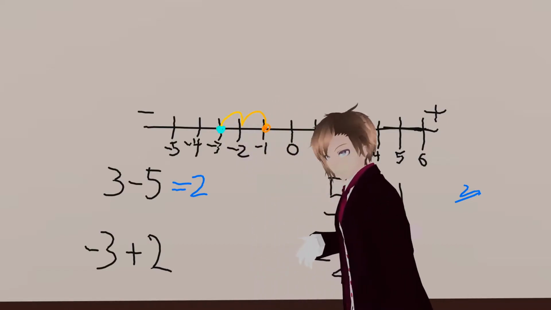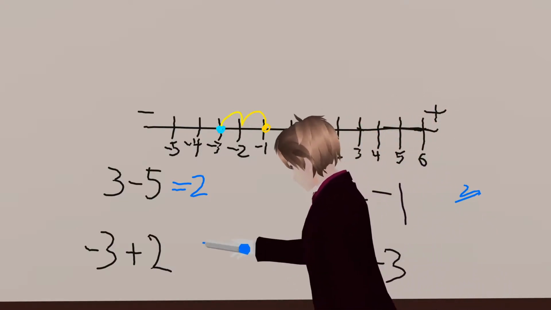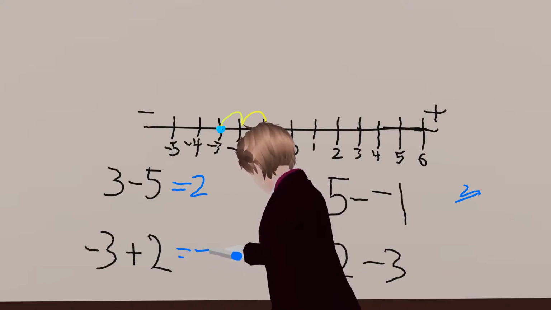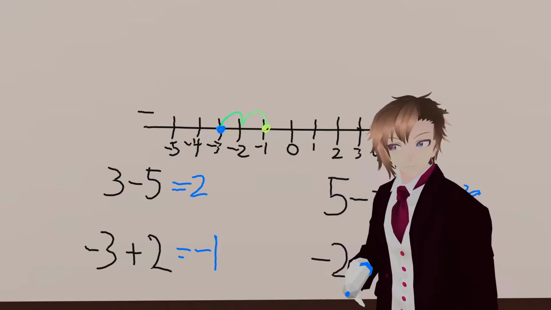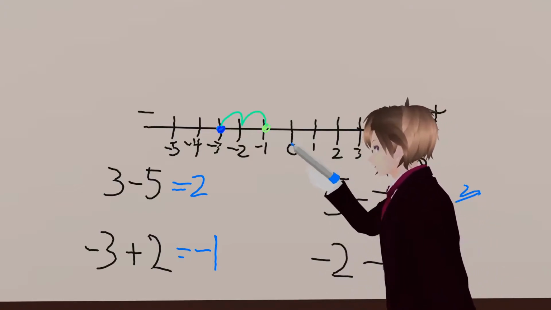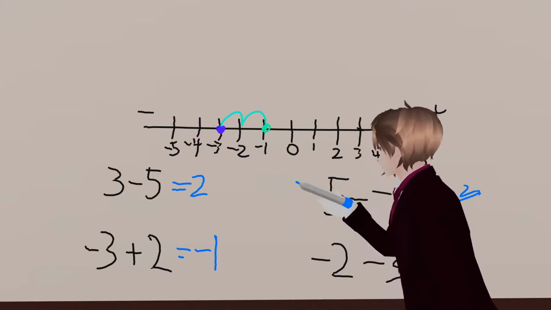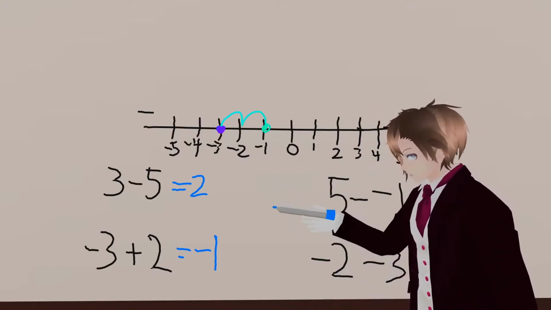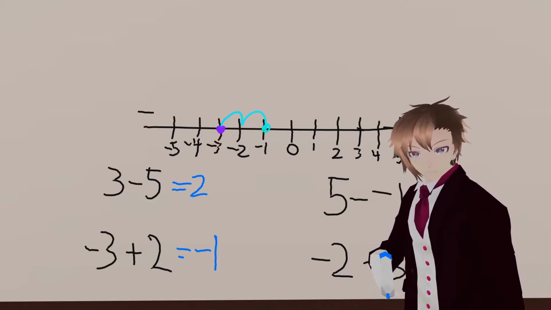So we're going to end up at negative 1. So when we're taking away, we're going in the negative direction, and when we are adding, we're going in the positive direction. The first number is just where we start.